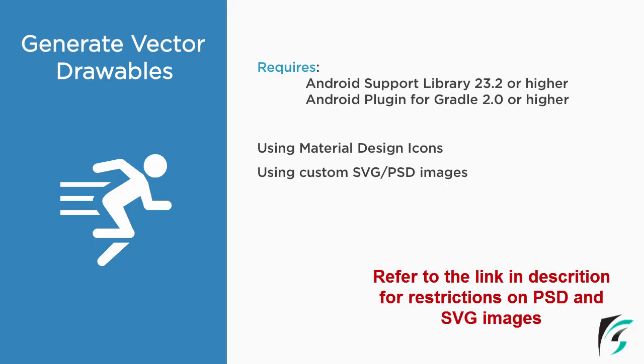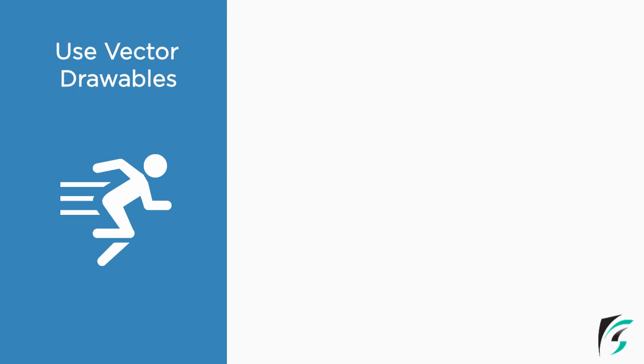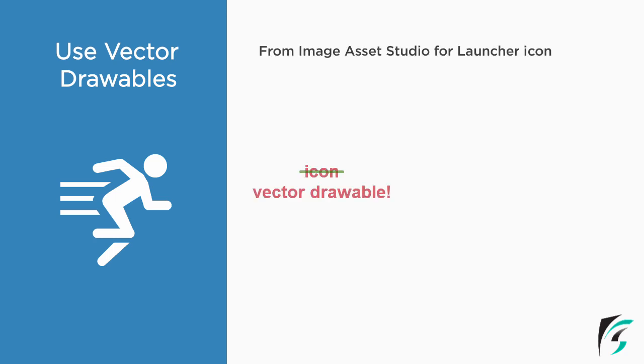So now we have created the vector drawables using the material icon as well as the SVG or the PSD image. Now it is time to use the vector drawable in our project. First we will start with using this icon from the Image Asset Studio for, let's say, the launcher icon. We will update the launcher icon for our application.